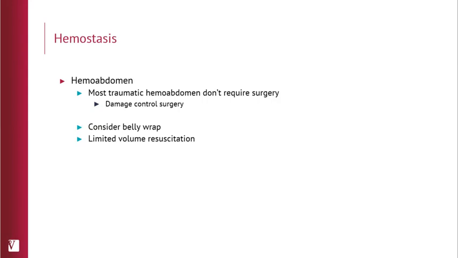So we may be wrapping bandages going up both legs up to the abdominal cavity, or we may just wrap the abdominal cavity itself. But the idea is that we're increasing the pressure in the peritoneal space, which is going to actually help compress some of those bleeding blood vessels and bleeding solid organs in the abdominal cavity to try and achieve appropriate hemostasis.